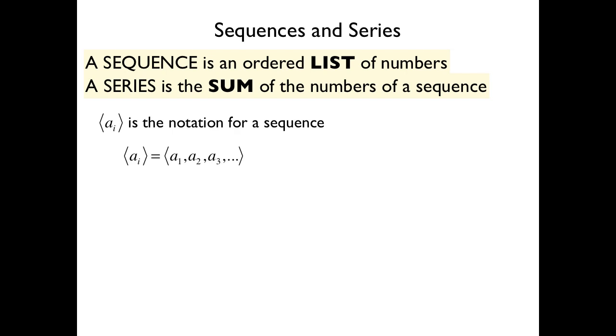When we say a sub i, the first number in the list is a sub 1. The next number in the list is a sub 2, and then a sub 3, etc. So a sub n is the nth term in the sequence. The subscript tells you which number it is in the list.